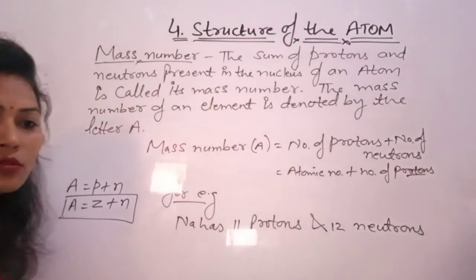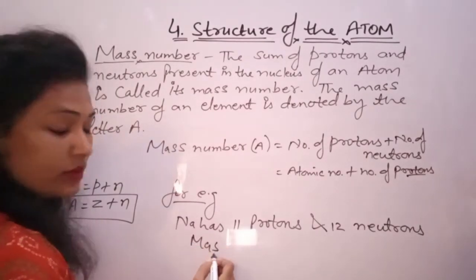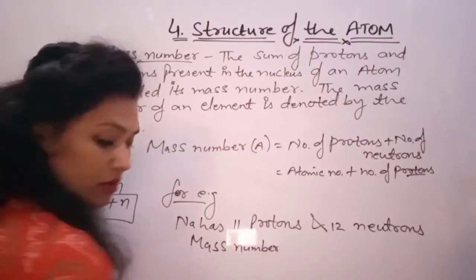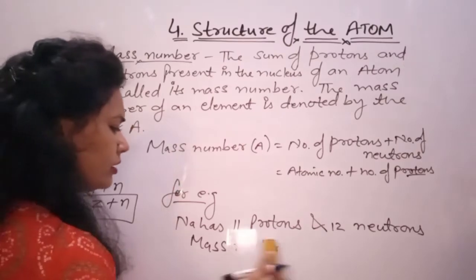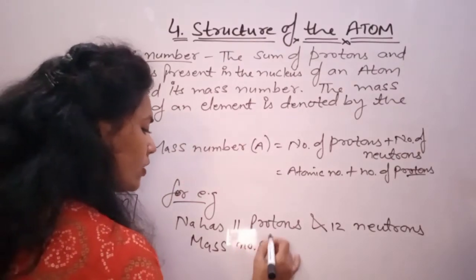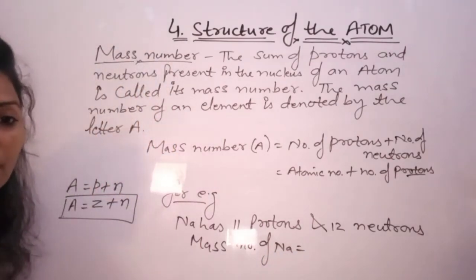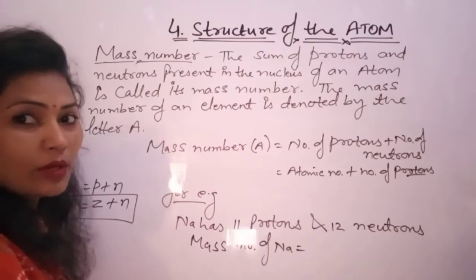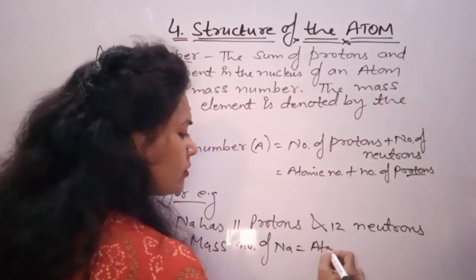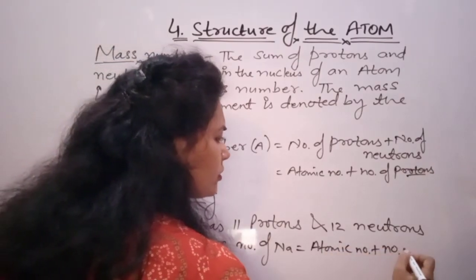So the mass number of sodium, in shortcut, equals the number of protons plus the number of neutrons, that is, atomic number plus number of neutrons.